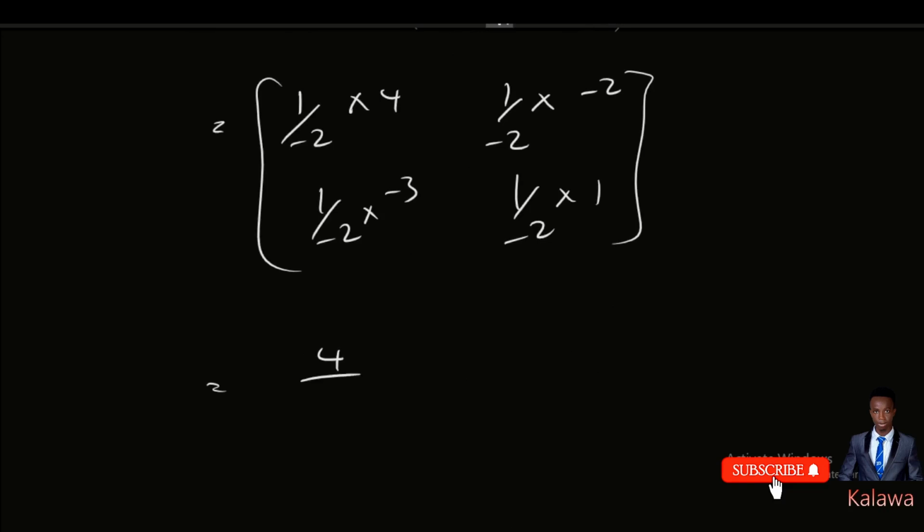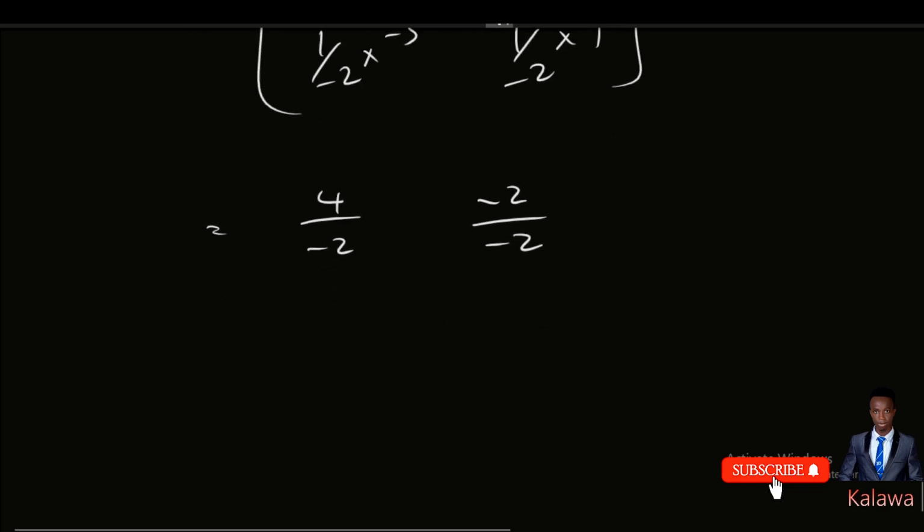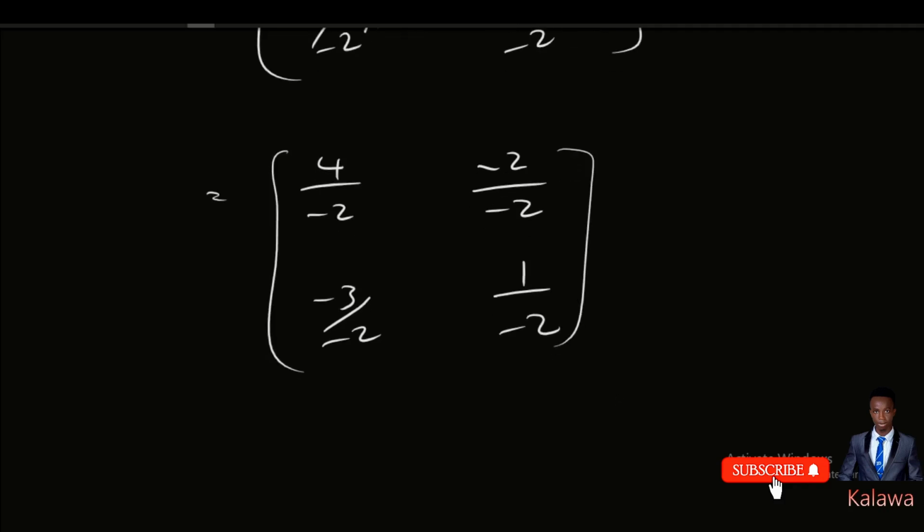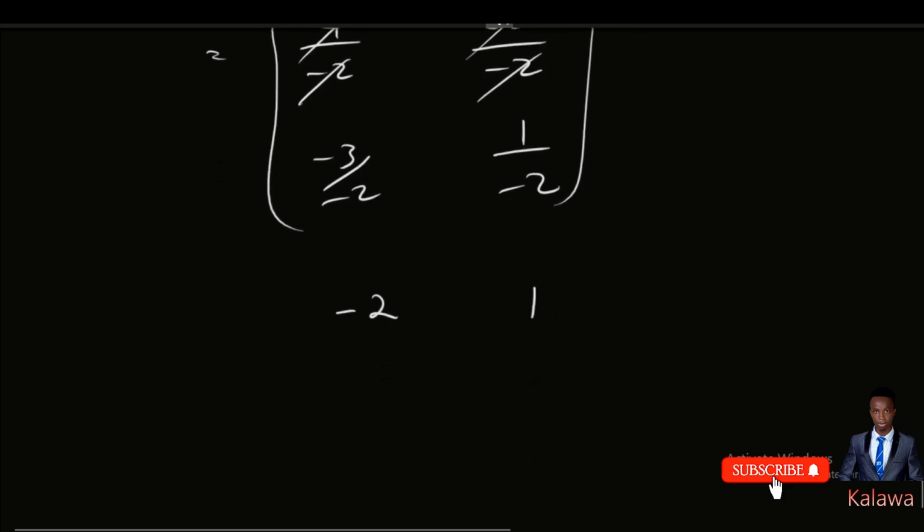So this is 4 divided by minus 2, minus 2 divided by minus 2, minus 3 divided by minus 2, and 1 divided by minus 2. So let's see if any can be divisible here. Yes, 4 divided by minus 2 is minus 2. This cancels this, and this is 1.